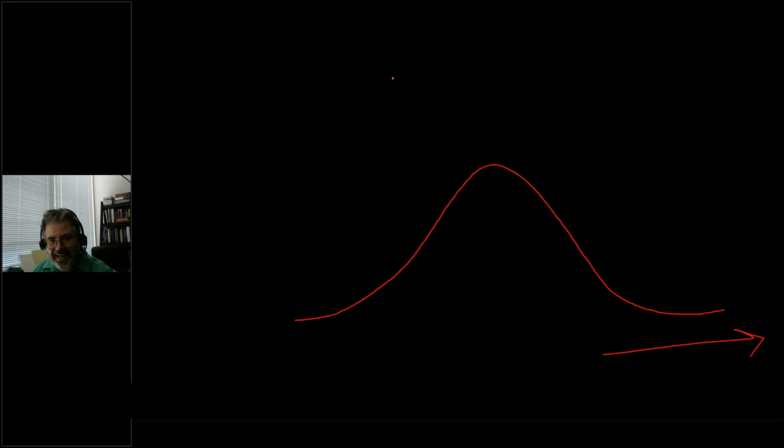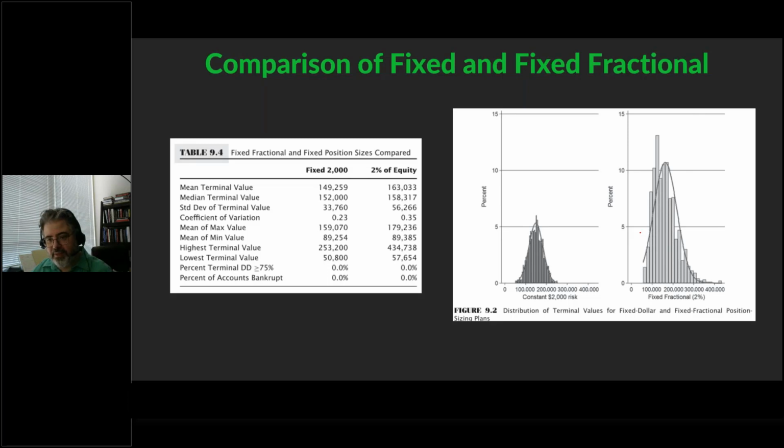And anytime you're able to draw a line here and say, I make all of this go away, there's not a lot of things in the world where you get that possibility, but this is one thing that fixed fractional does. It dramatically removes the risk of serious downside events, but it also opens the door to some huge upside wins. Nothing else will do this. No other position sizing approach that I am aware of will do this.